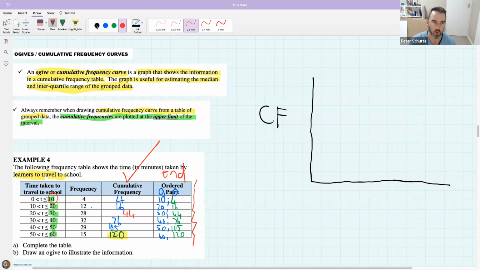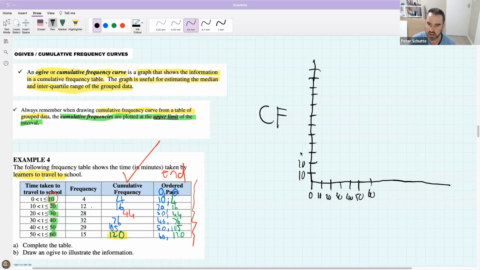Now, if you want to draw this curve, what you need to do is you need a scale. So I go from 0 to 60. So let's see if I can do this. So 0, 10, 20. Maybe I could have spaced it out a bit better, but you get the idea. And I go all the way up to 120.